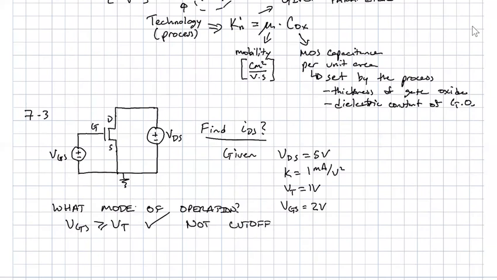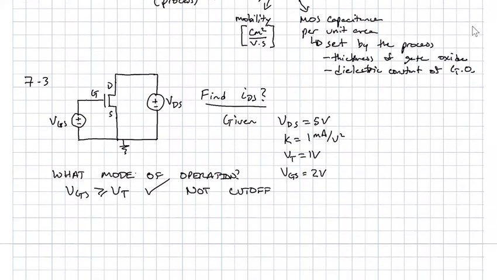Then our next criteria is we need to know, is this in saturation or is this in triode? And that criteria is VDS greater than or equal to VGS minus VT. That's written as a check to see if we're in saturation. We could also write it as a check to see if we were in triode. So where are we?